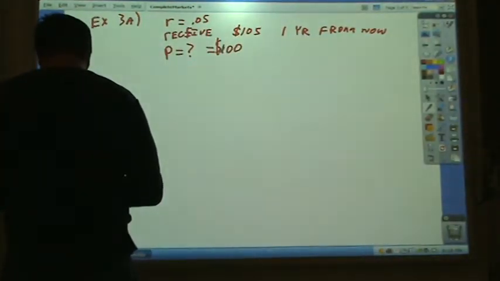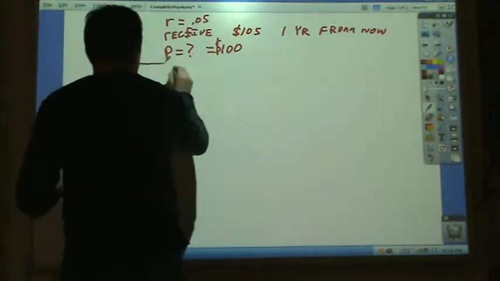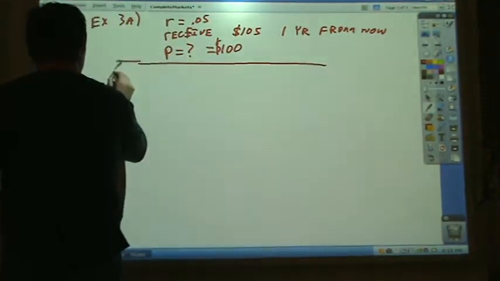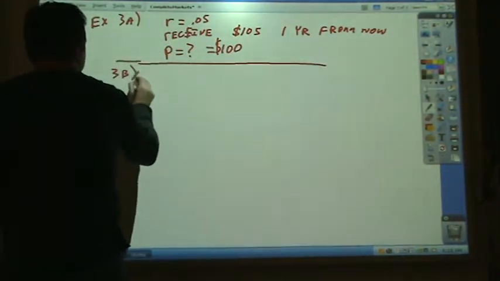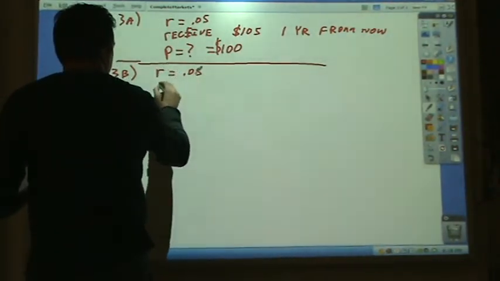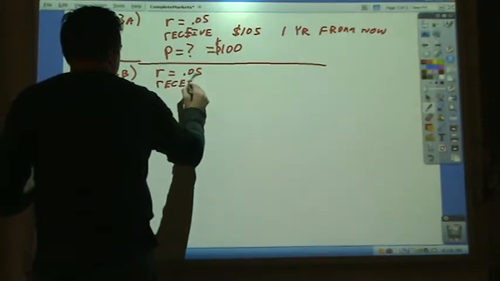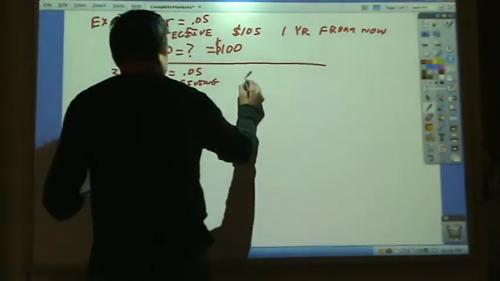Okay, now this would be just a bank paying it out. Now suppose question 3B says the interest rate is again 5%. You are receiving an expected payout.